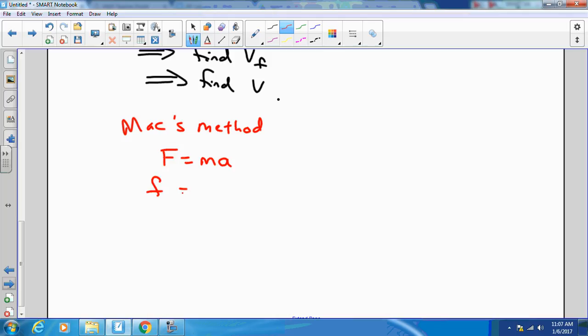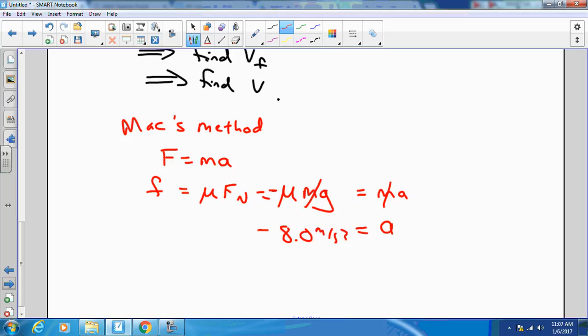So I used friction equals mu sub k times the normal, which was equal to mg. And you set that equal to mass times acceleration. Hopefully there's a negative sign in here somewhere, right? Because the friction is pointing the other way. Yep. And then you plug that in, you would eventually find acceleration, which is negative 8 meters per second squared.